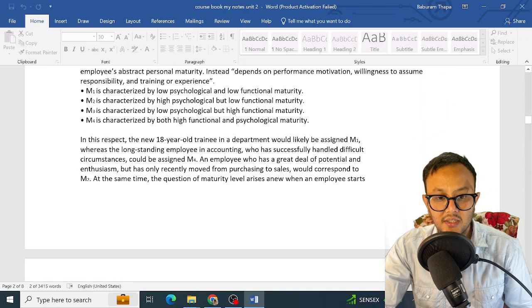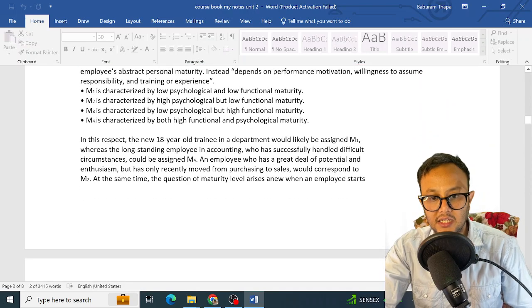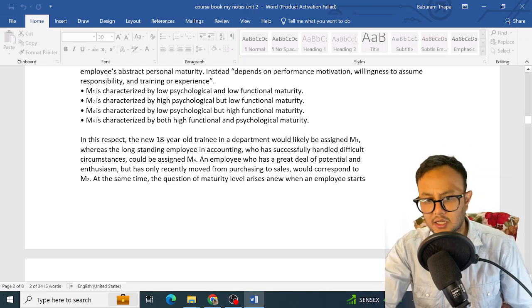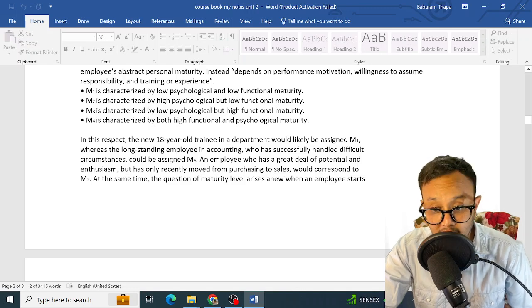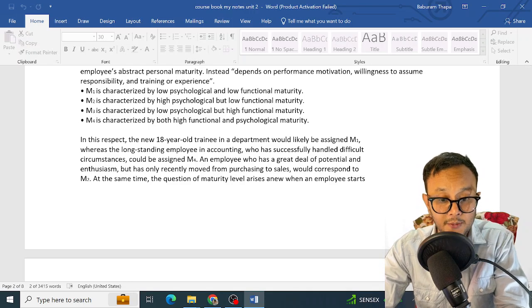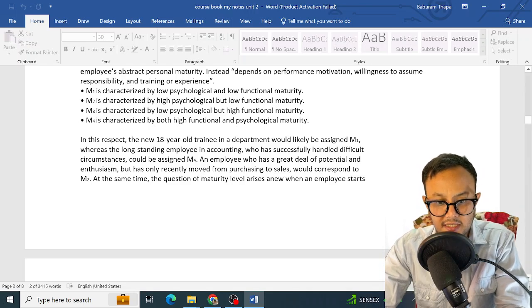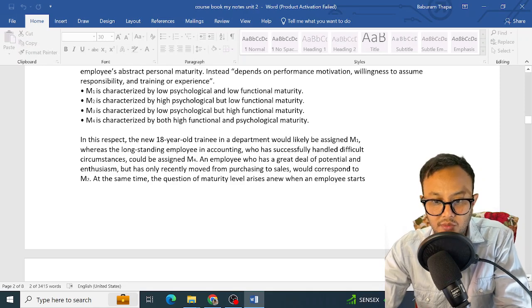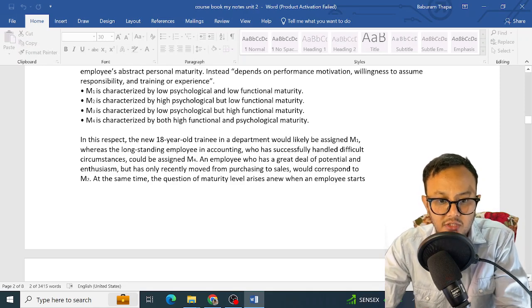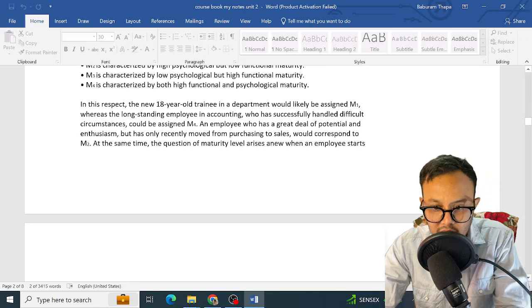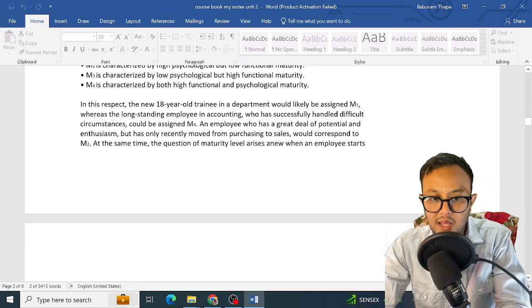In this respect, the new 18-year-old trainee in a department will likely be assigned M1, whereas the long-standing employee in the accounting department who has successfully handled difficult circumstances like balancing the financial statements could be assigned M4. An employee who has a great deal of potential and enthusiasm but has only recently moved from purchasing to sales would correspond to M2.